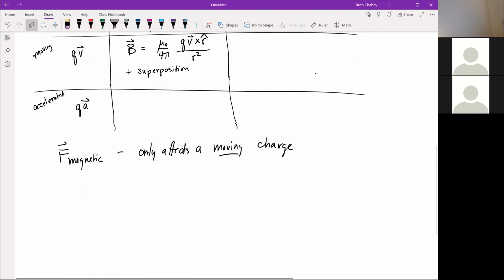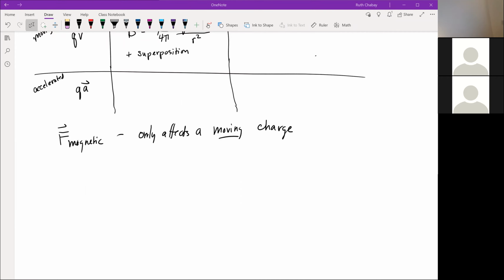And the force on a moving charge, so if we have a positive charge with a velocity in the plus x direction, and we've got a magnetic field due to some other charges moving through coils, perhaps somewhere here.